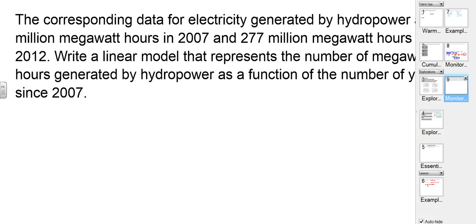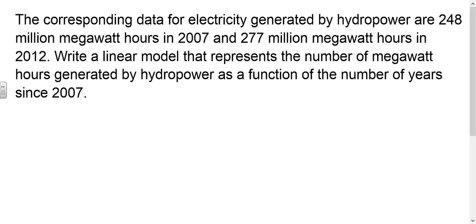All right, one more word problem. It says the corresponding data for electricity generated by hydropower are 248 million megawatt hours in 2007 and 277 million megawatt hours in 2012.